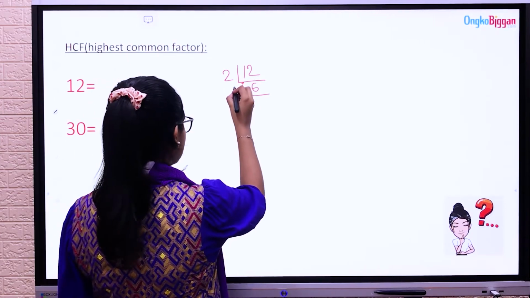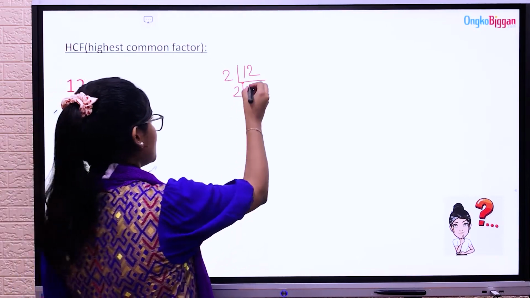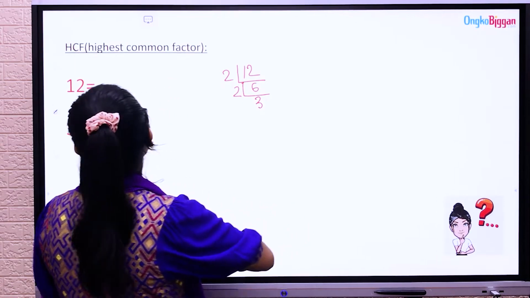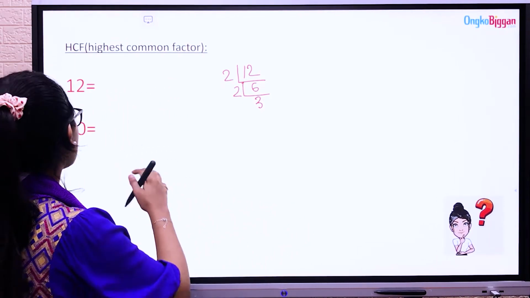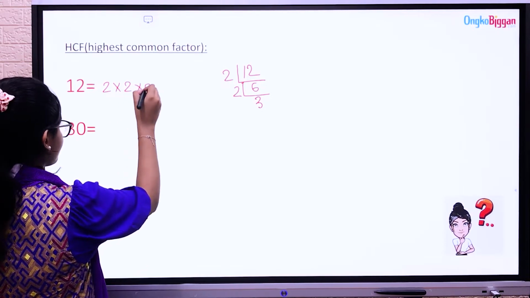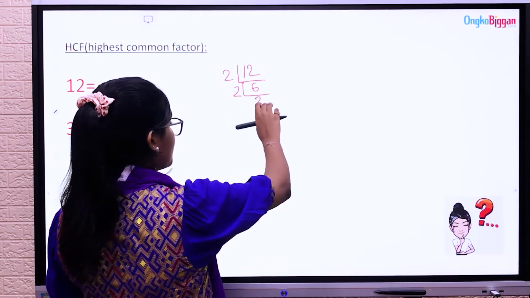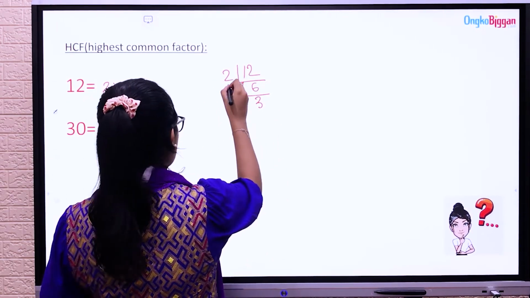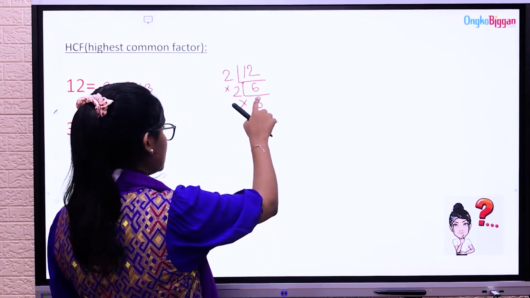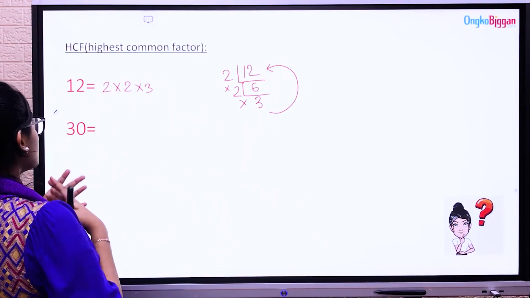So again we divide 6 by 2, because 6 is divisible by 2 as well, and we get 3. So we can write the factors of 12 as 2 into 2 into 3. If we multiply these numbers in sequence, 2 into 2 is 4, and 4 into 3 is 12. That means we get the number back.